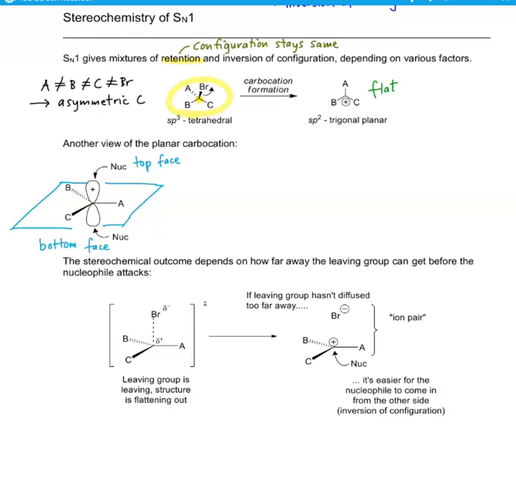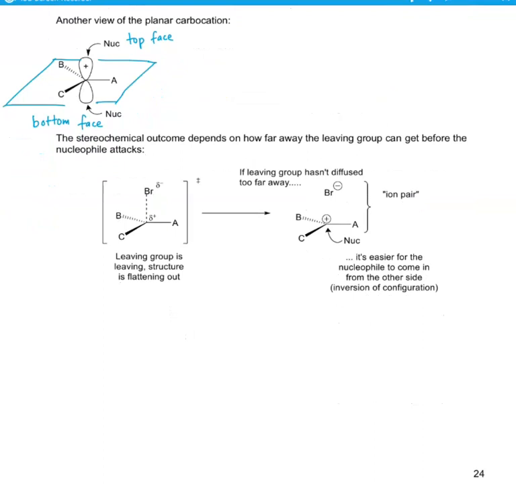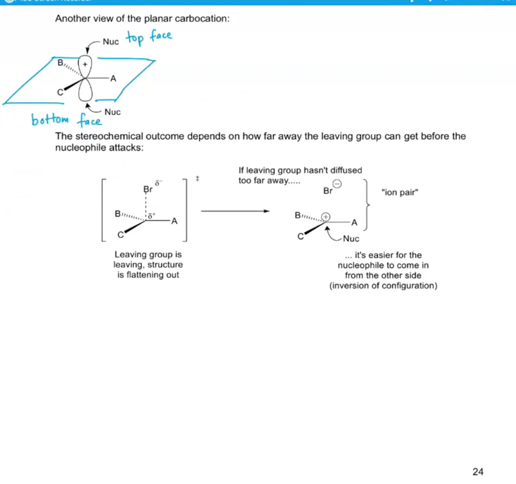But regardless, there's two faces and two possibilities for the nucleophile to approach. The outcome is going to be different depending on which face gets attacked. All of this is going to depend on how far away the leaving group has gotten before the nucleophile attacks.